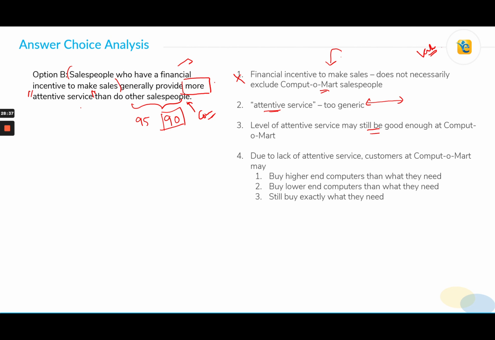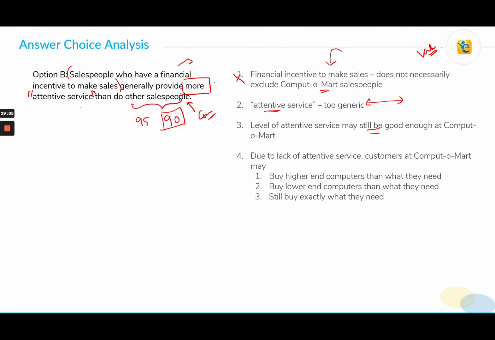So if you are just assuming that because they are providing less attentive service, they have not understood the requirement, not necessarily. Lesser does not imply less. Whatever the attentive service they are providing right now, even that might be good enough for this purpose. Another red flag.